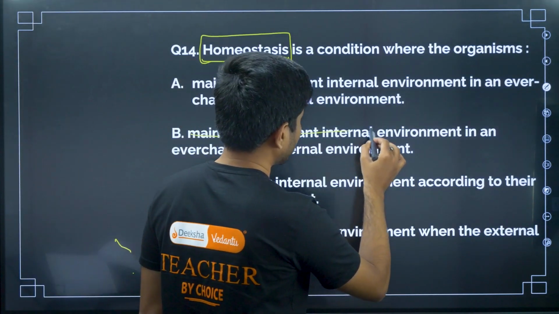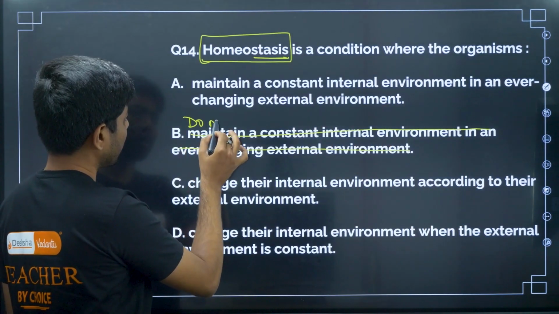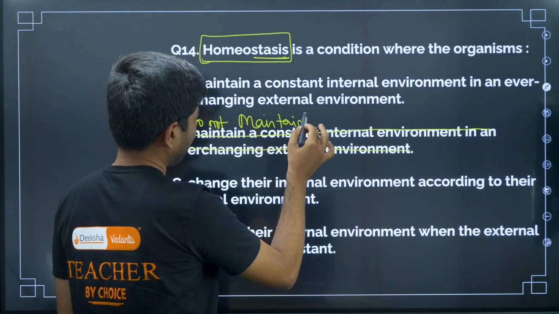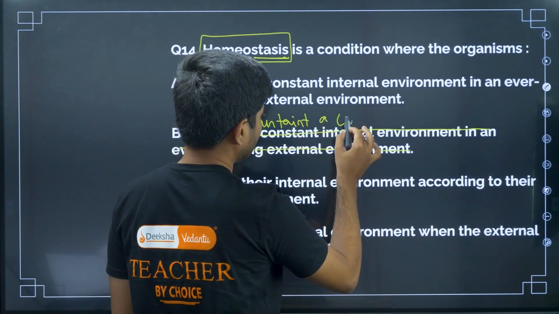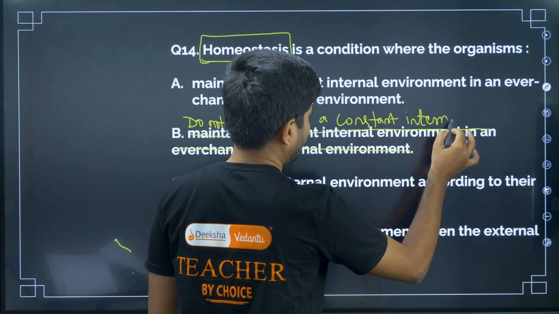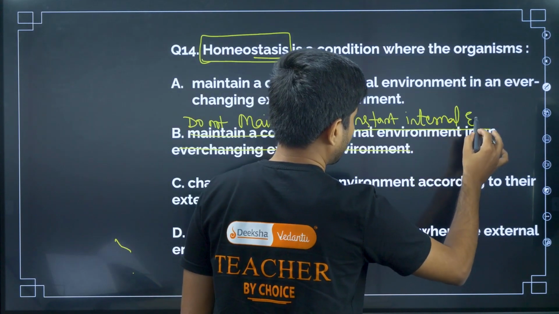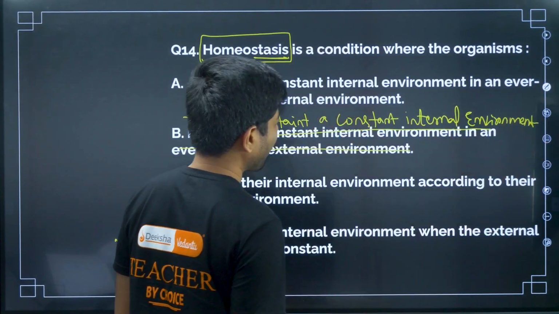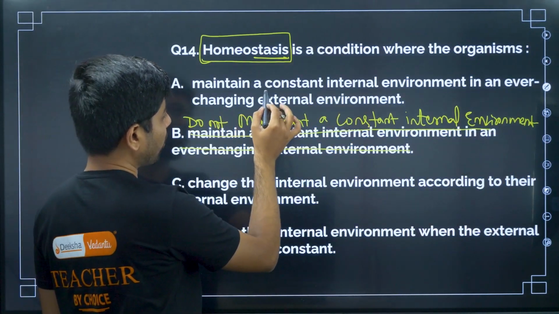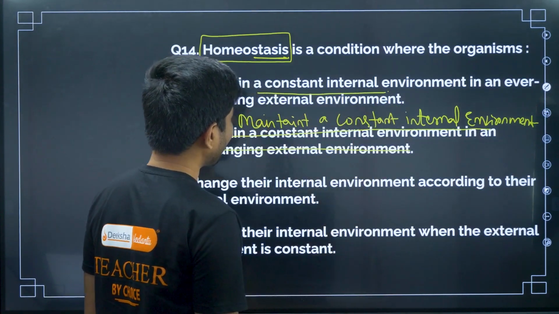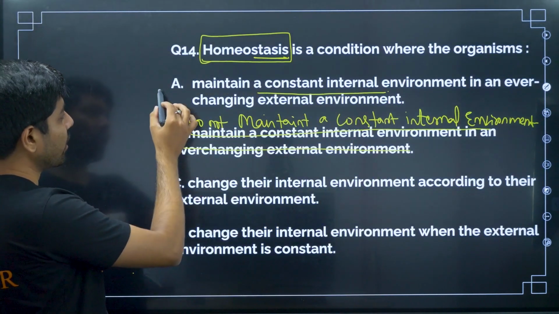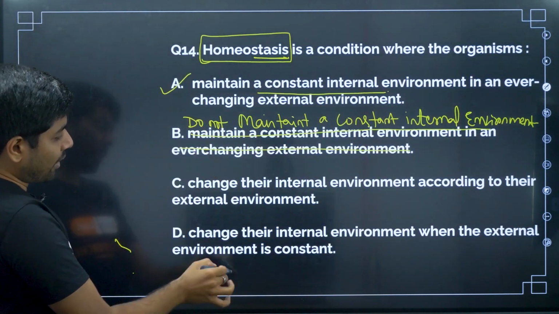Here, this option, do not maintain a constant internal environment, that's option B. Now maintaining a constant internal environment in an ever-changing external environment would be the right option. But let us look at others also.